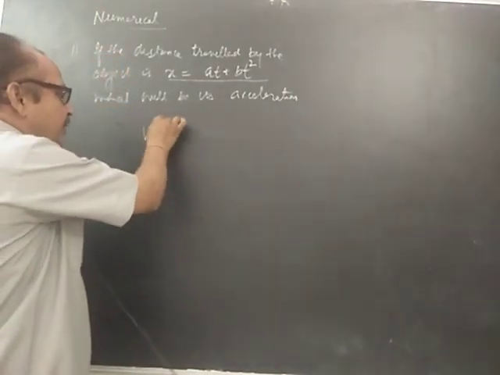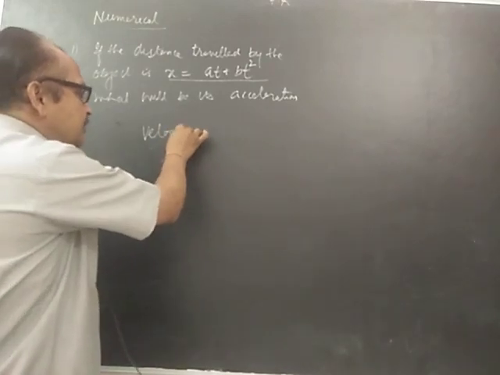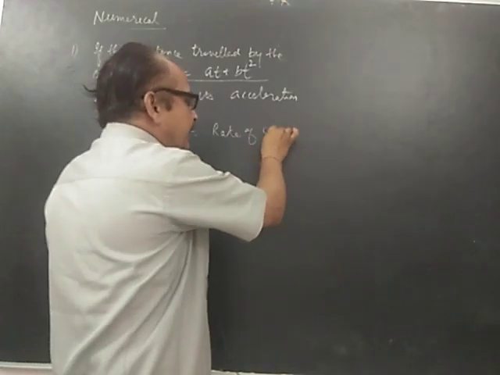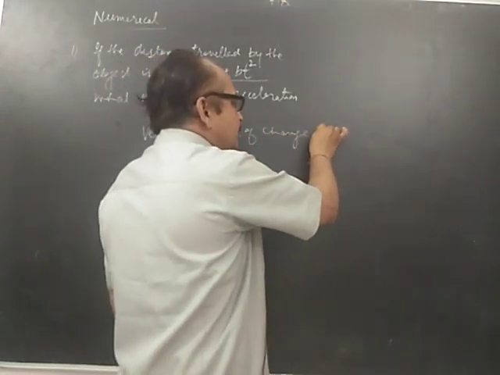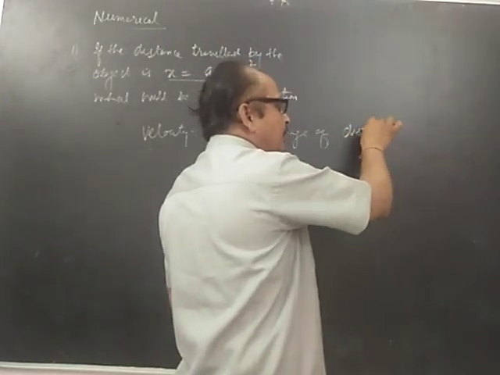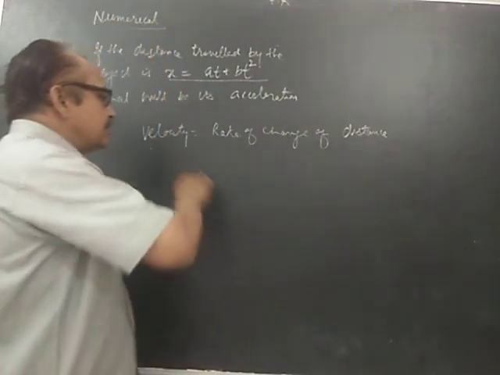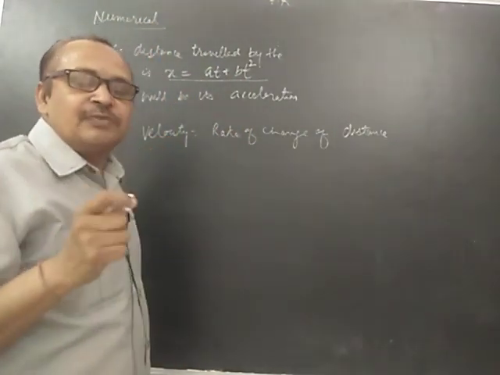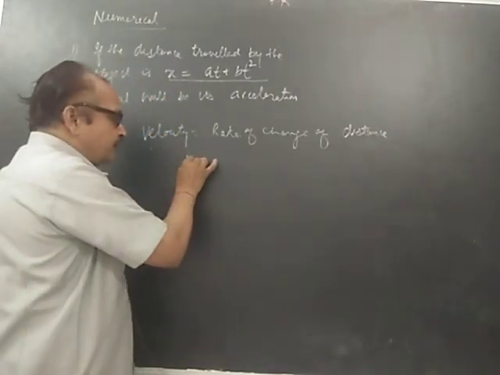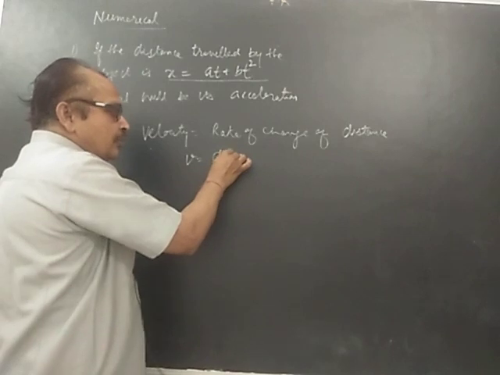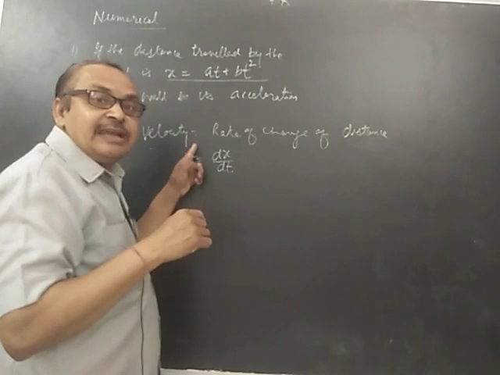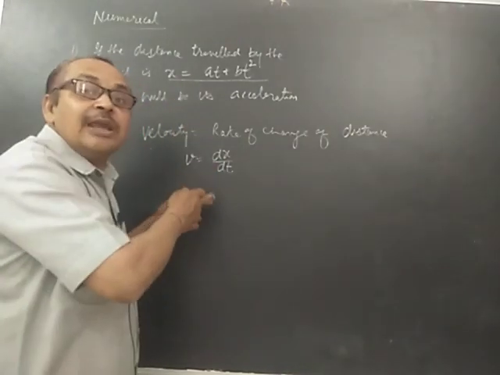You all know velocity is the rate of change of displacement, which is given by x. That means v will be equal to dx by dt, rate of change, calculus method.